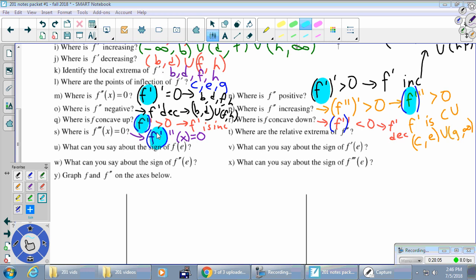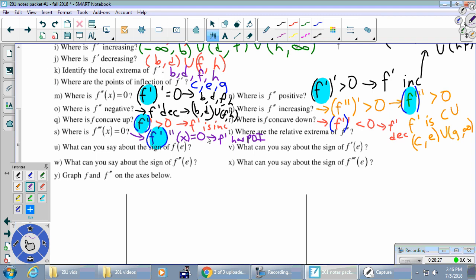And if you tell me a second derivative of some function is 0, then I would say, hey, that function has points of inflection, or candidates anyway. F prime has points of inflection. Where does F prime have points of inflection? And points of inflection of F prime, we have answered already. It is L. So it's the same answer to L.